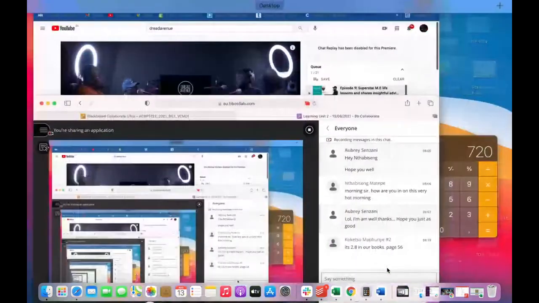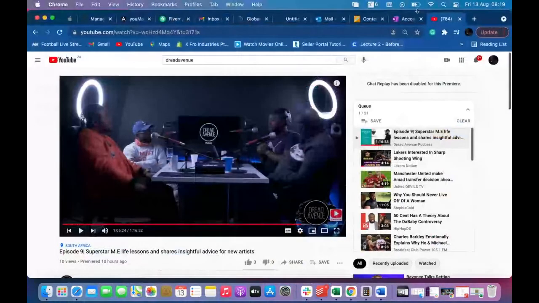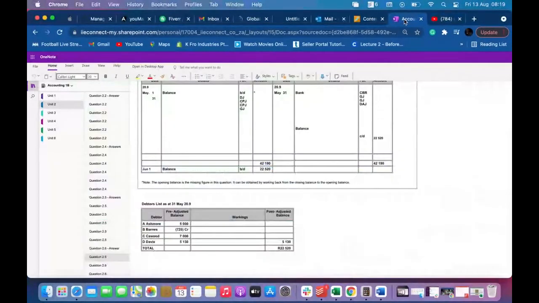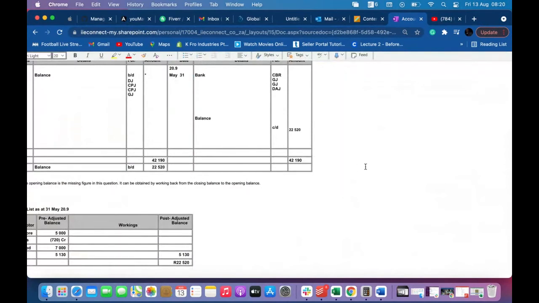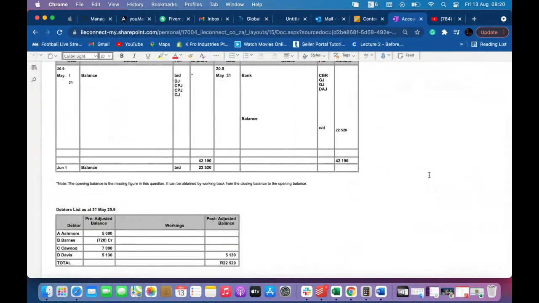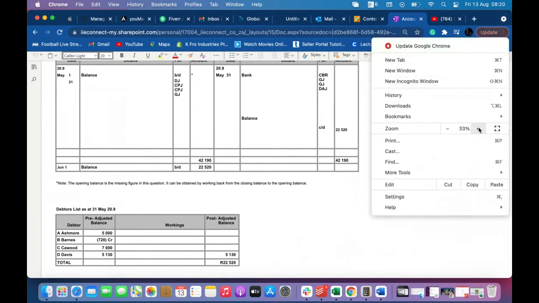Then let's get into that information. I'm going to zoom in now. We have our structures over here. Okay, it doesn't want to zoom in, so we'll do it the traditional way.